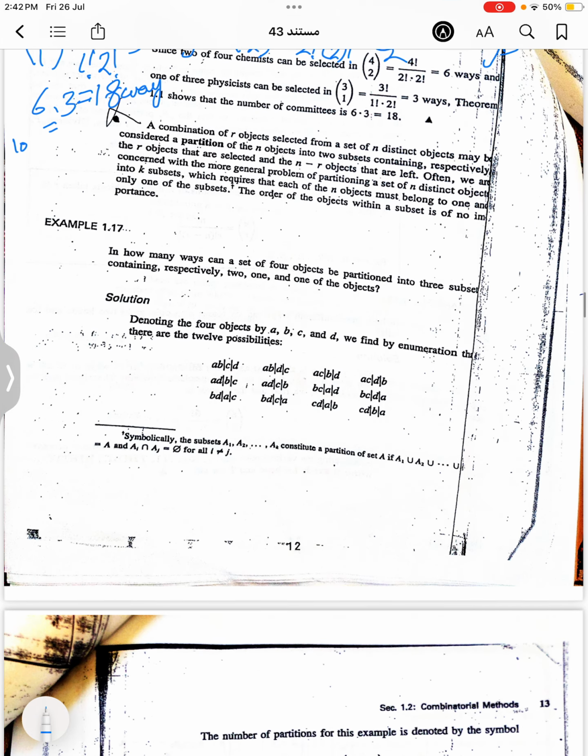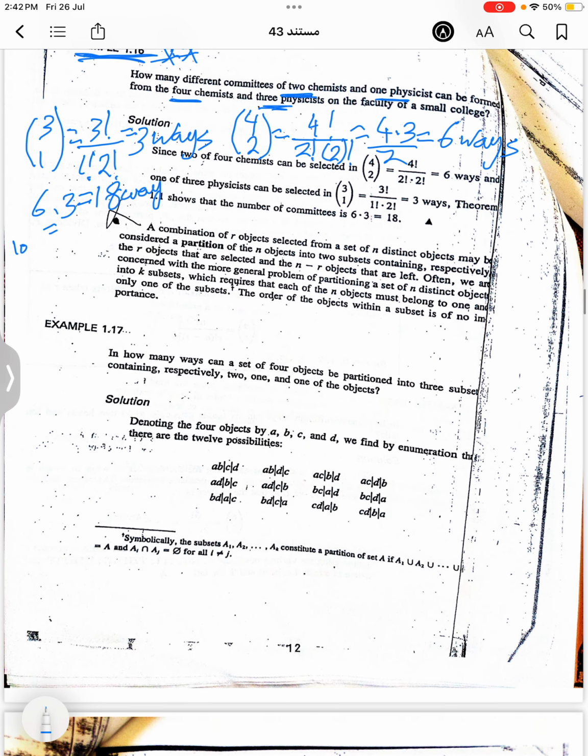We will continue now. Sorry, there is a problem with the iPad. Here we will continue with partitions. Combinations of R objects selected from a set of n distinct objects may be considered a partition of n objects into 2 subsets, like the previous example.